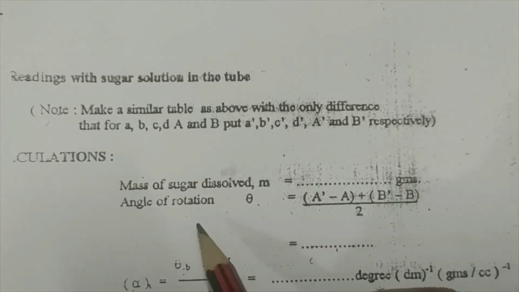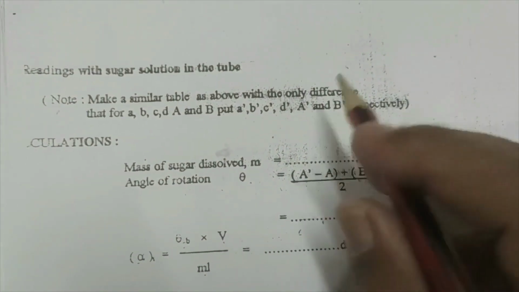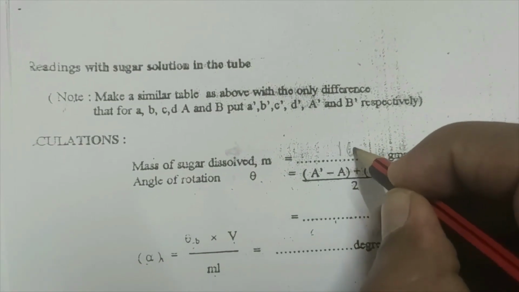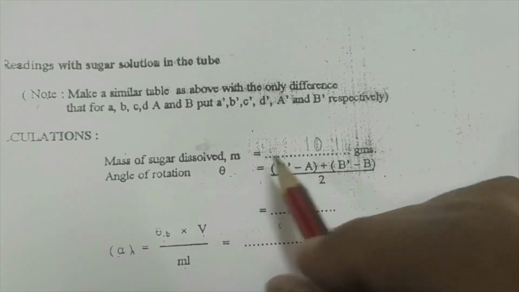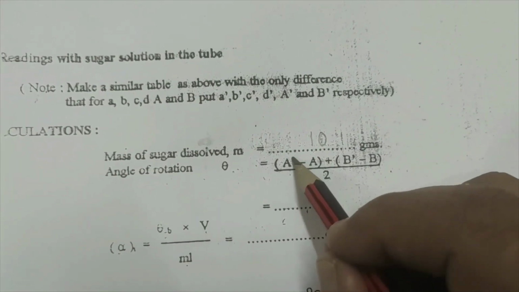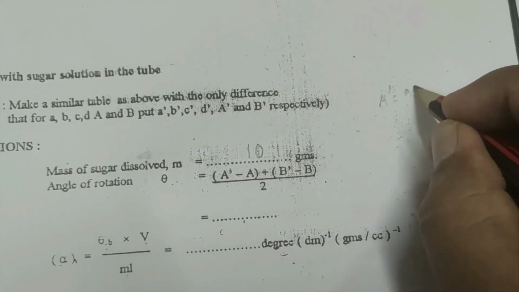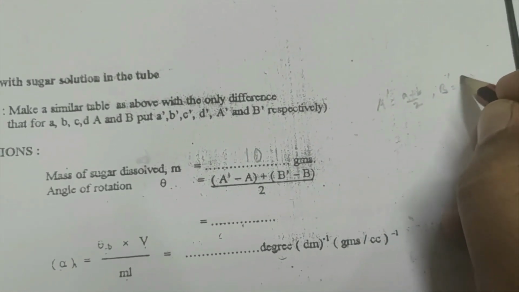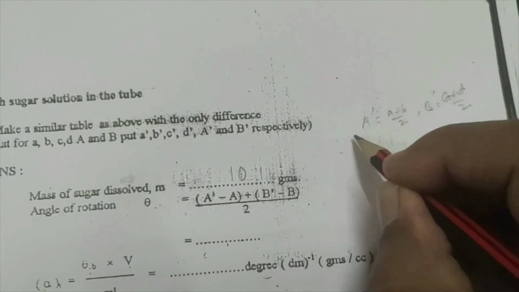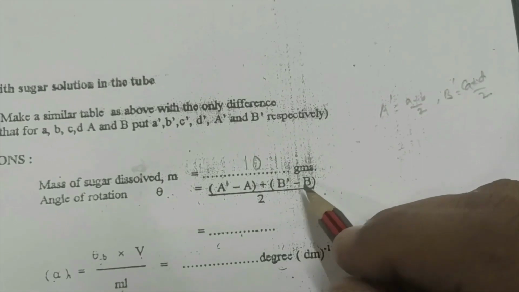Very simple. The mass of the sugar dissolved is 10 gram, and then the angle of rotation theta. A prime is A plus B by 2, and B prime is C plus D by 2 when we have the cane sugar solution, and A and B when we have the water solution.